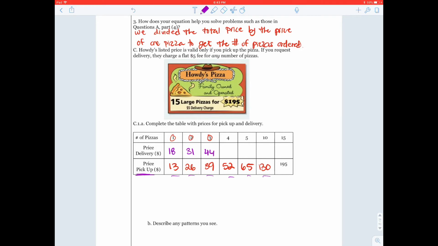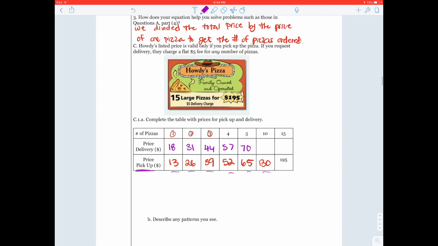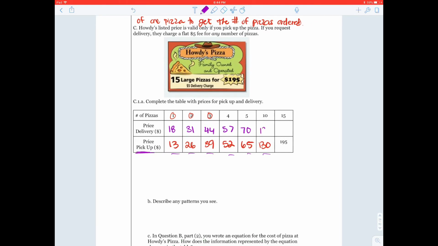This one is 44, 56. Oops, what am I doing? 56, 57 is what I meant to say. 57, and then this is 70, and then this, of course, is 135. Last one is 200.